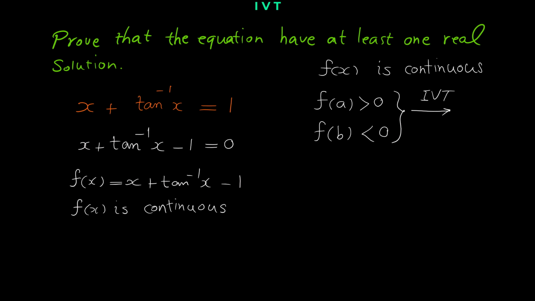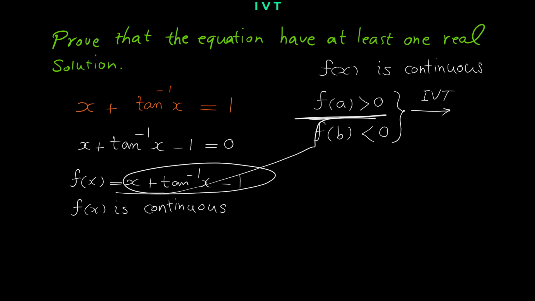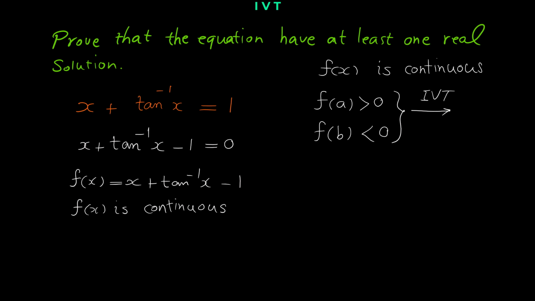Now you have to find two numbers, where one of those numbers makes f of x positive and the other one makes f of x negative. And it's usually not too hard to find those numbers. For example, here I start with 0 as the first number.